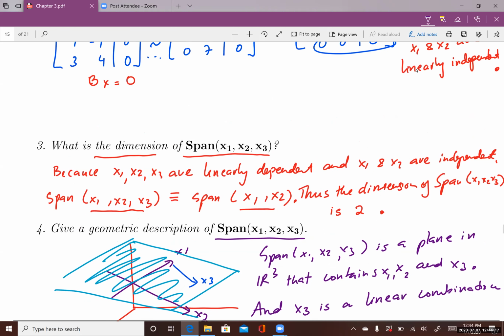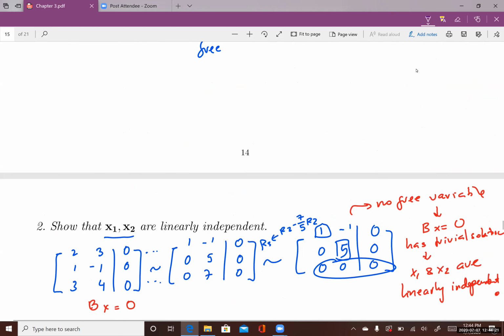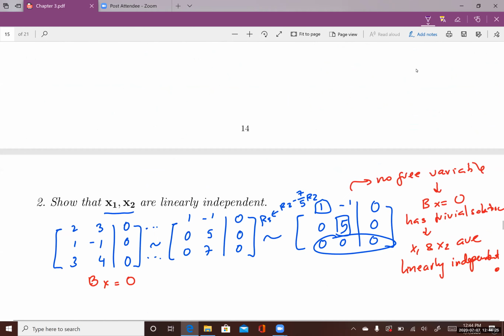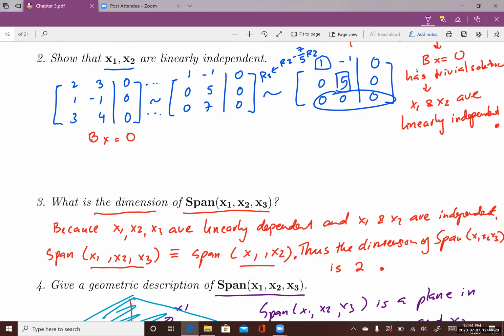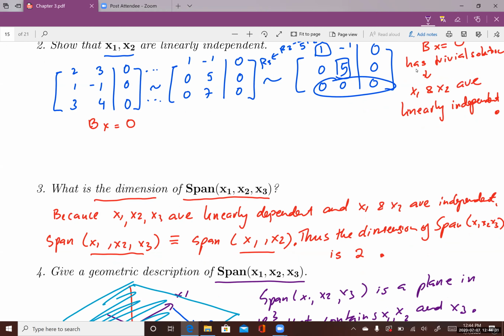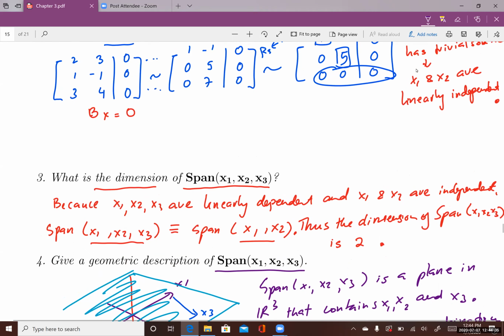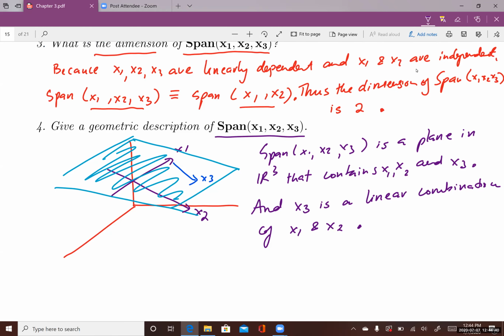Even though this is a set of 3 vectors, because these 3 vectors are linearly dependent, and you found that x1 and x2 are independent, that means x3 is the vector that depends on x2 and x1.